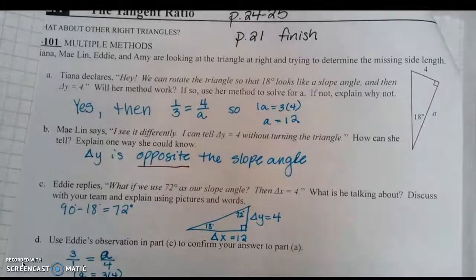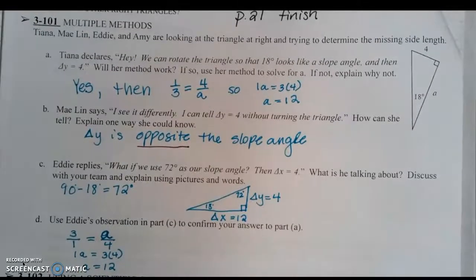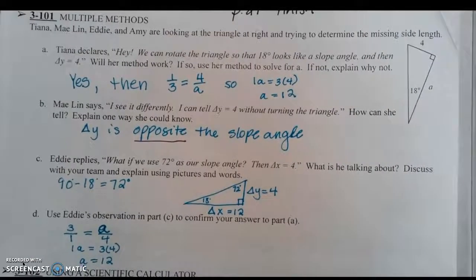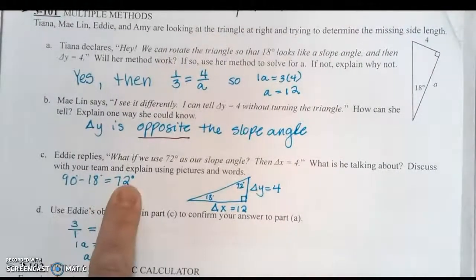All right? Part C, Eddie replies, what if we use 72 degrees as our slope angle? Then the change in x would be equal to 4. What is he talking about? Discuss with your team and explain using pictures and words. Okay? So we saw a problem like this the other day, where instead of giving us 18, you would subtract 18 from 90 to get the 72.